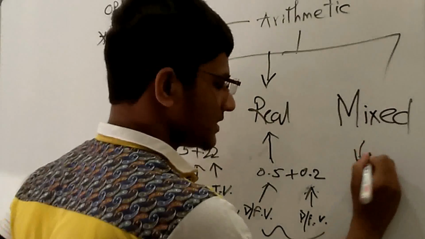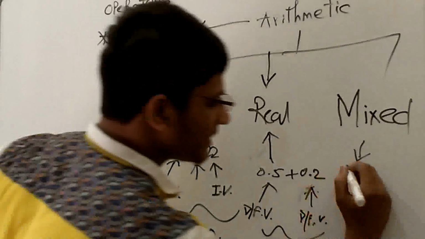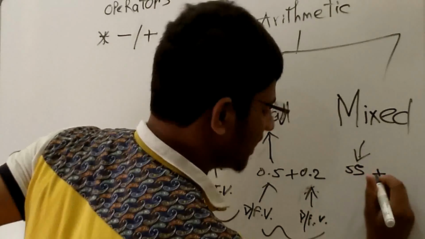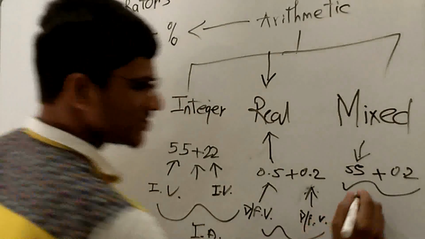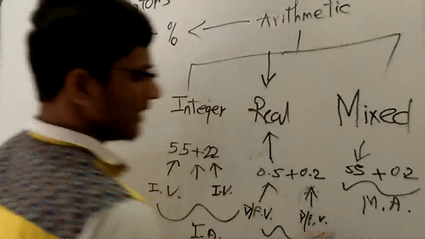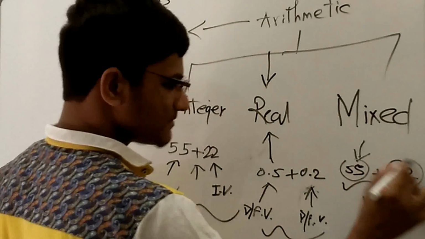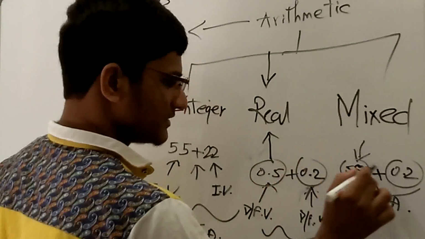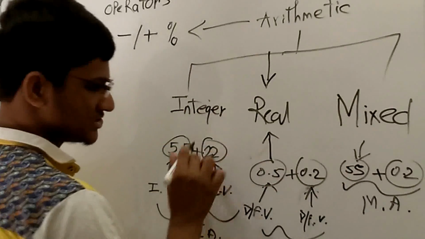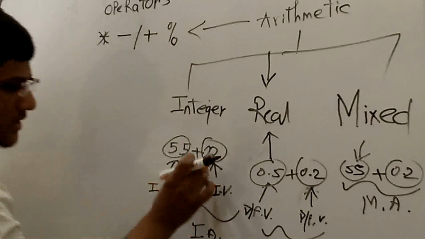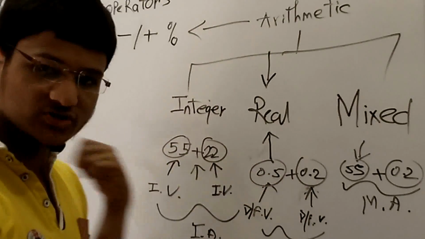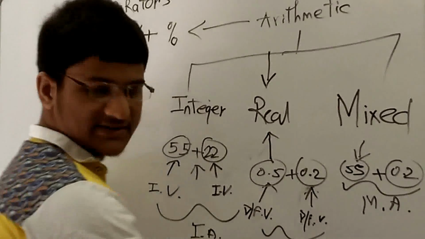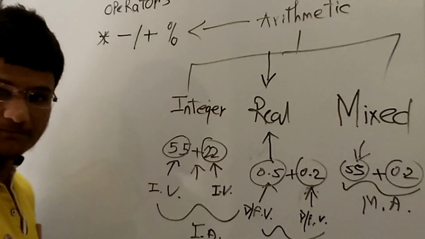Now mix this: integer variable plus double or float variable. That is our mixed arithmetic. Here these are known as operands. This is the operator. The addition symbol is the operator. The terms used with the addition operator are operands, and these are the types of arithmetic.